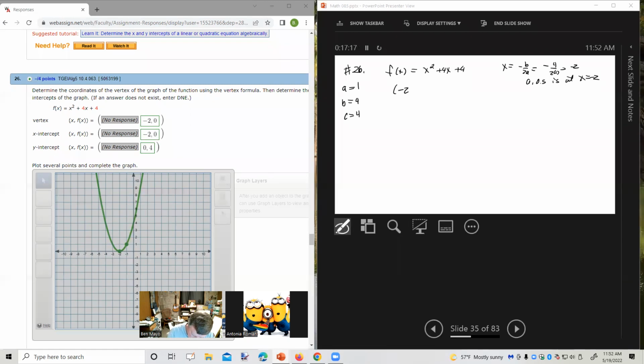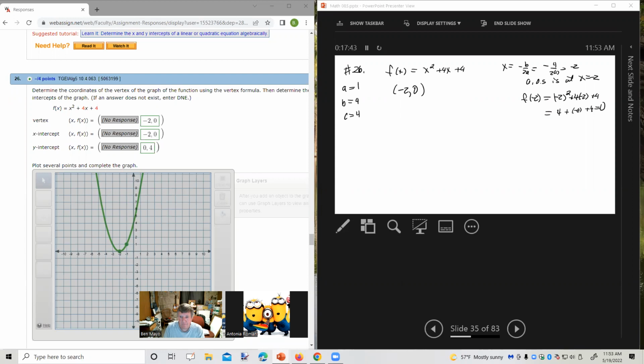So the vertex is at -2 comma f of -2. So let's find f of -2. That's -2 squared plus 4 times -2 plus 4. -2 squared is 4. 4 plus -8 plus 4 is 0. So our vertex is at -2, 0.